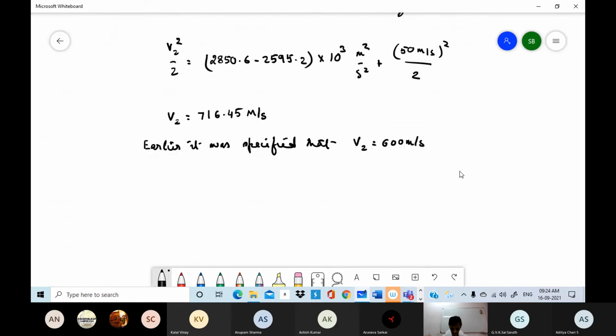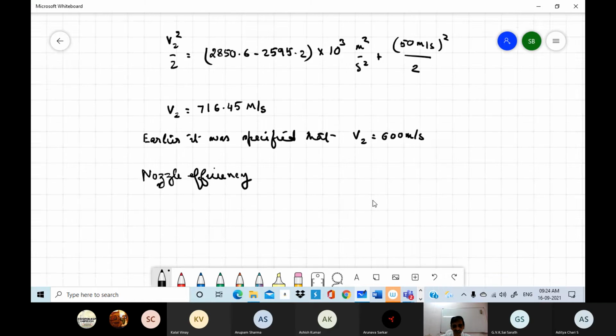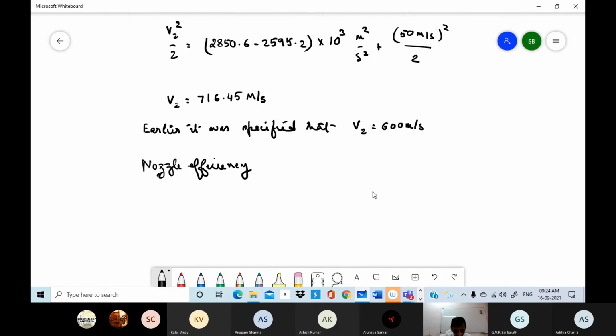So then we define something called nozzle efficiency. The purpose of a nozzle is to produce a stream with high velocity.